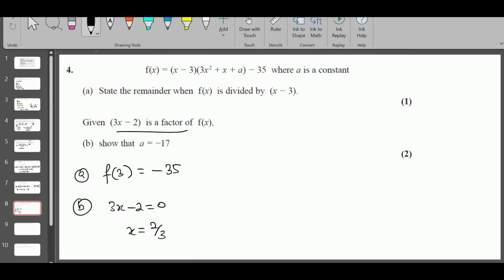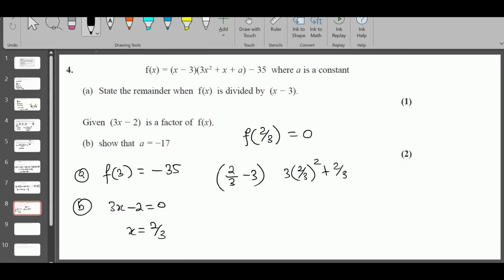So you need to write f of 2 over 3 is 0. In the function, replace x by 2 over 3. 2 over 3 minus 3, times 3 times 2 over 3 whole squared plus 2 over 3 plus a, minus 35 is equal to 0.